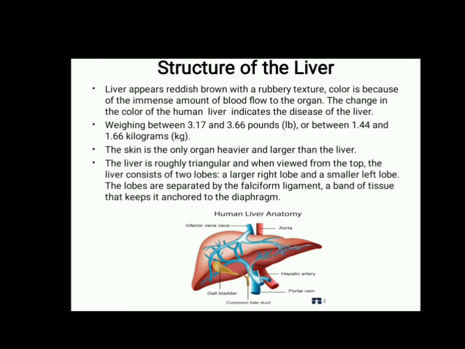The liver is roughly triangular, and when viewed from the top, the liver consists of two lobes, a large right lobe and a small left lobe. The lobes are separated by falciform ligament, that is a band of tissue that keeps it anchored to the diaphragm.